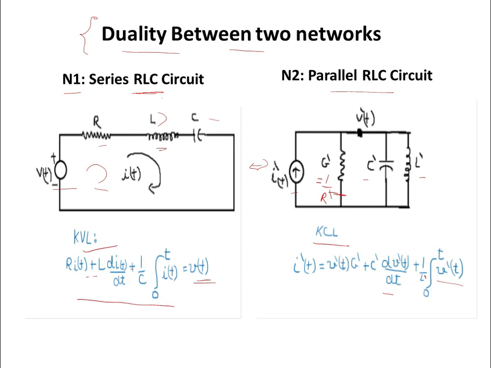So if we have a network that is very complex and we are unable to find its response, then we find its dual network and find the response with the similar excitation, and then by inspection we can find the response of the original network. So this is the use of duality.